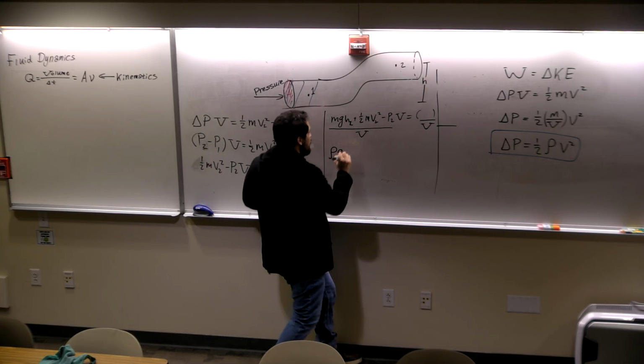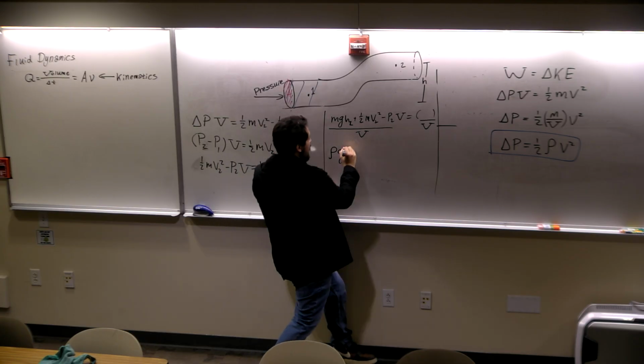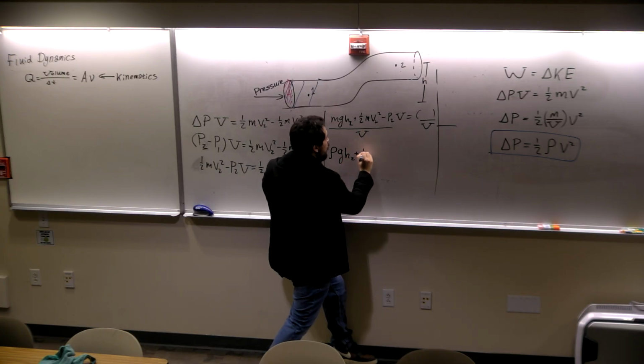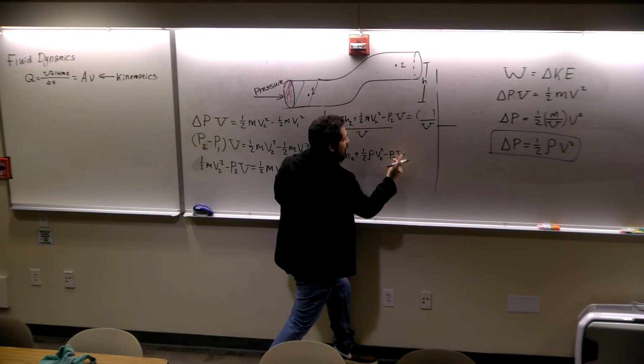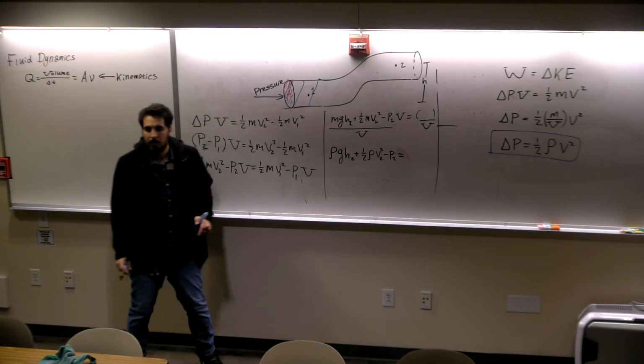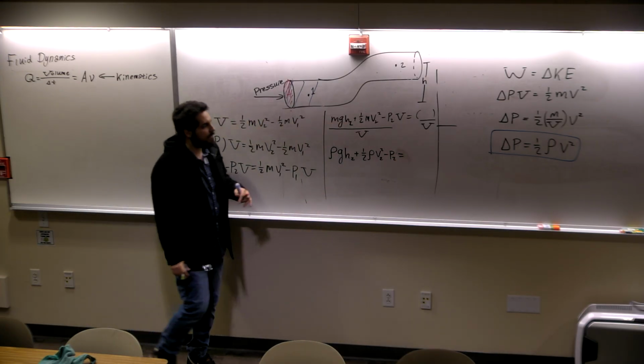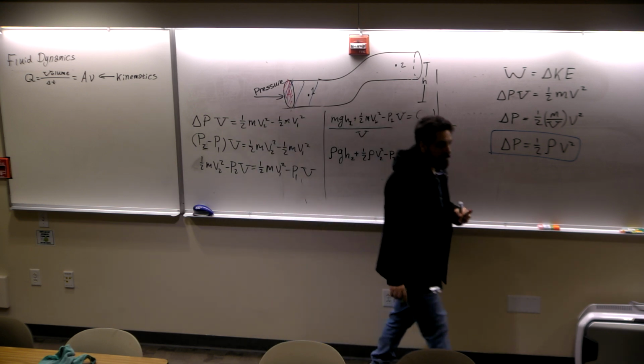Density times acceleration due to gravity times height 2 plus 1/2 density velocity 2 squared minus p2, no volume. And then on the right hand side you would have the same thing, just with ones in the subscript.